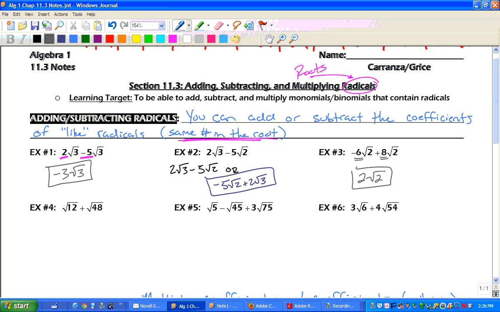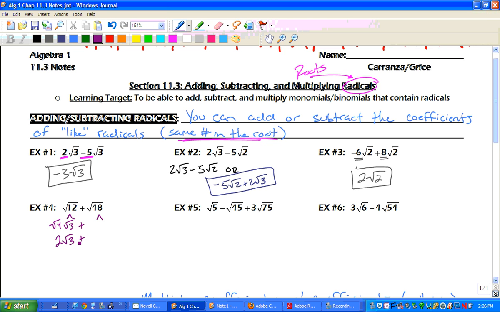Now, right off the bat, you'd be like, those aren't the same. We can't do anything to them. Well, we can actually break both of those down. This breaks down to 4 and 3. Square root of 4 is 2 root 3. Okay, we're not going to be showing you how to break this down anymore.